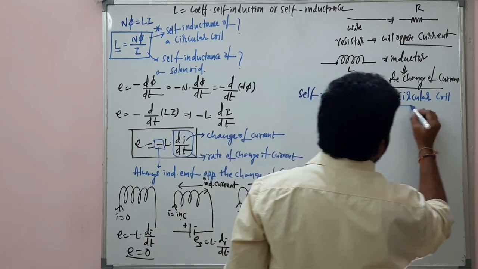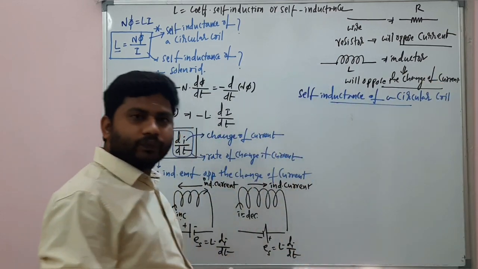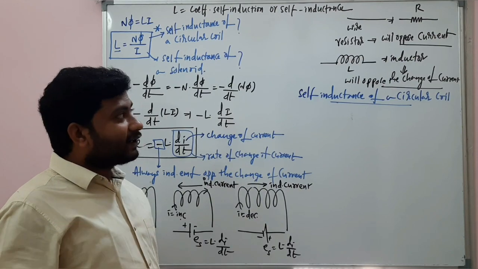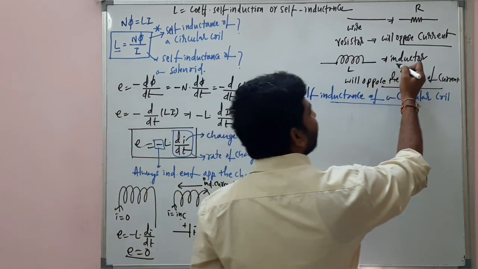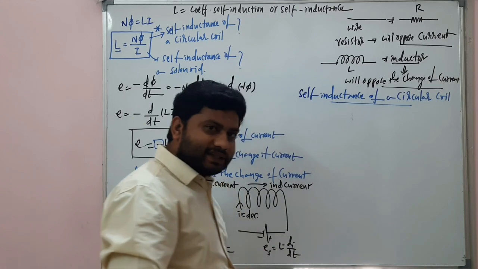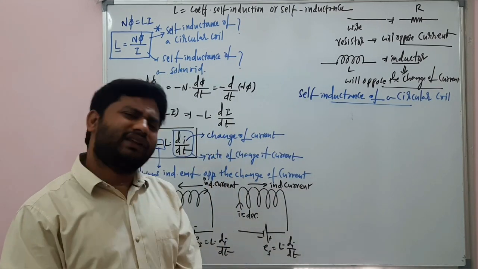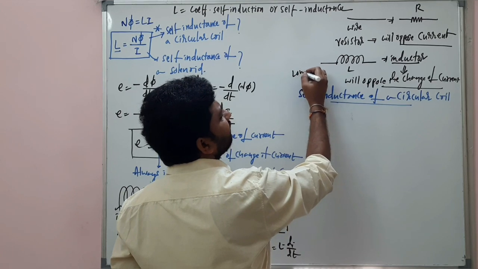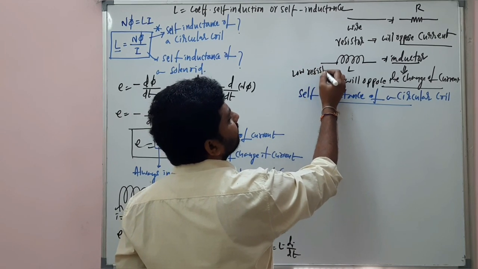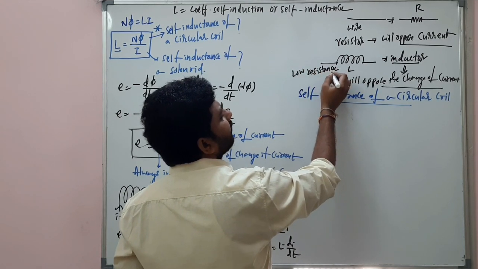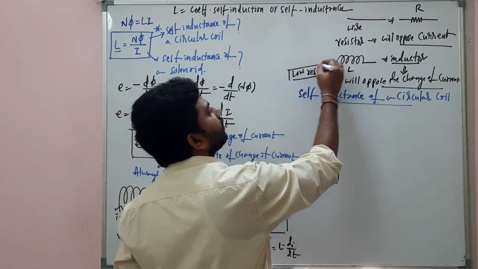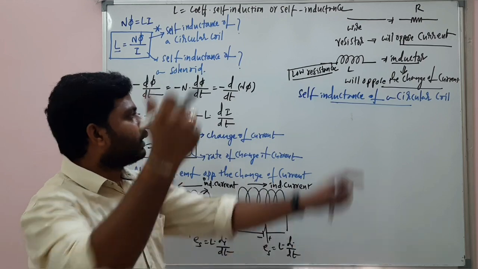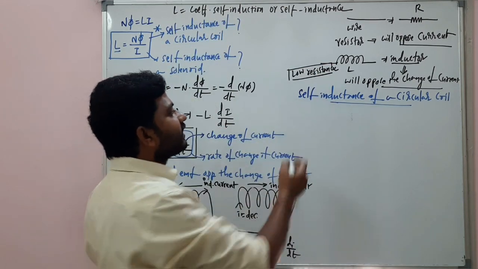Now you may get a doubt whether this inductor will have some resistance, because it is also a conducting wire. Yes, it will have resistance, but it is very, very low, and we will not consider it in this situation. Alright, so now self-inductance of a circular coil.